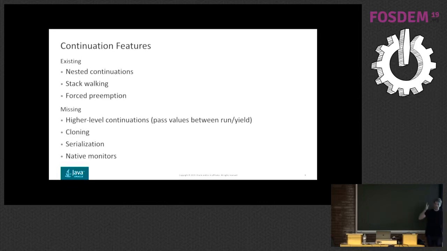A continuation remembers its own state, and you continue the computation, but once you continue it, its state mutates. If you clone it, you can remember where you were and go back in time and try the same computation from the same point multiple times. Another thing we want to do is serialize continuations. So you can do some computation, stop it, send it maybe to another machine, and continue it there.